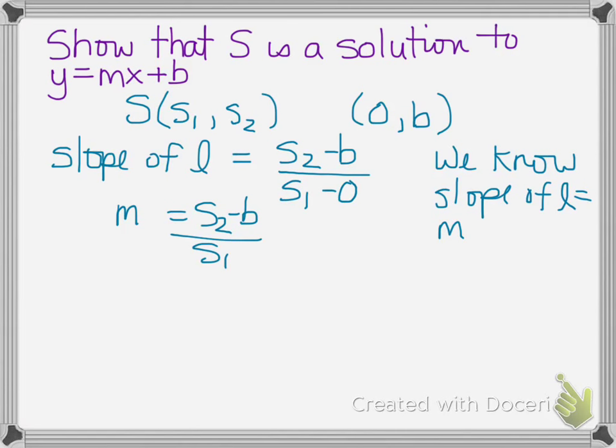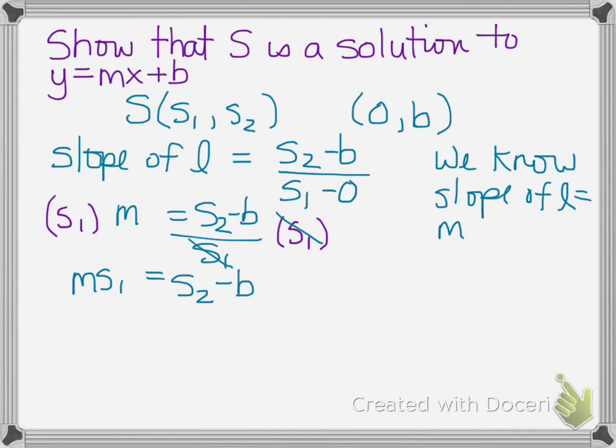Then we can multiply both sides of this equation by S1, or we can cross multiply, whichever you prefer. I'm going to rewrite this equation now. So we've got m times S1 is equal to, this is canceling out, S2 minus b.